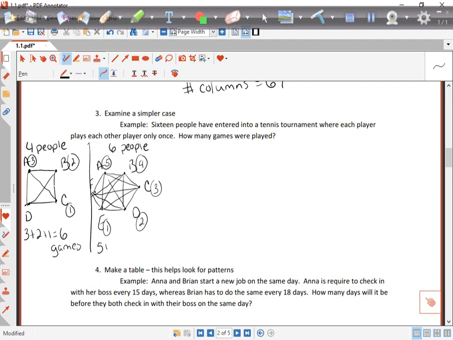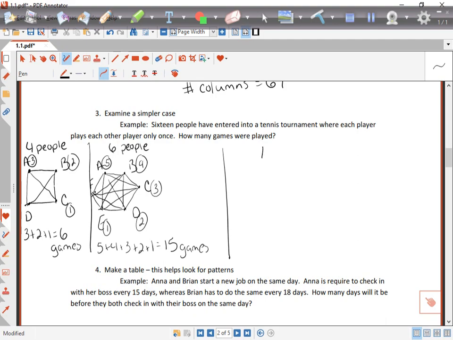So we'd go 5 plus 4 plus 3 plus 2 plus 1, and that would give us 15 games. So we have kind of a pattern here, and that's that you start with the number that's 1 less than how many people you have, and then add straight down to 1.